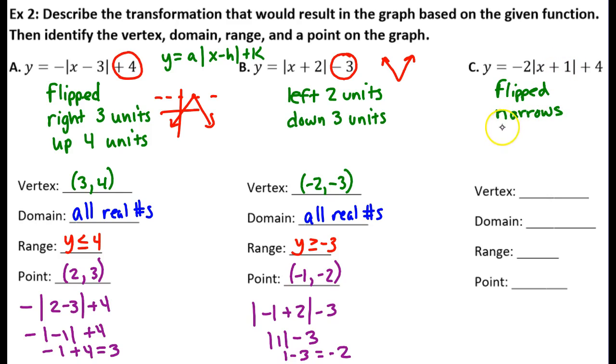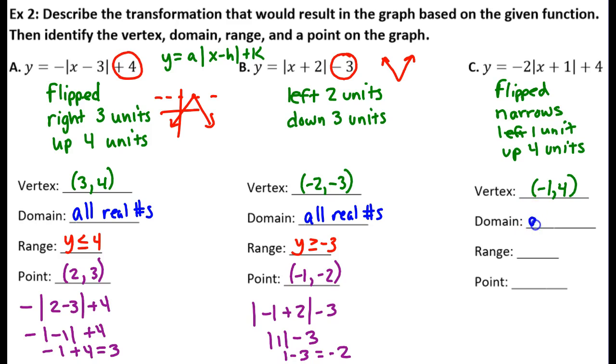Plus 1 on the inside means that we are shifting left 1 unit. Plus 4 on the outside means that we are shifting up 4 units. So our vertex is the opposite of the number on the inside, so negative 1, same as the number at the end, so comma 4. Vertex at negative 1, 4.